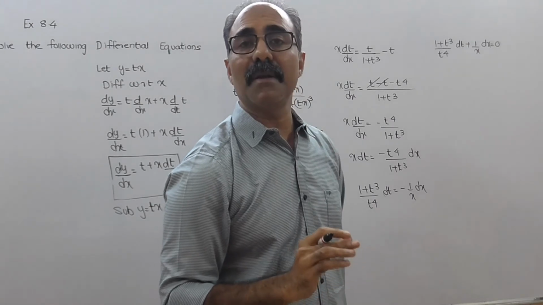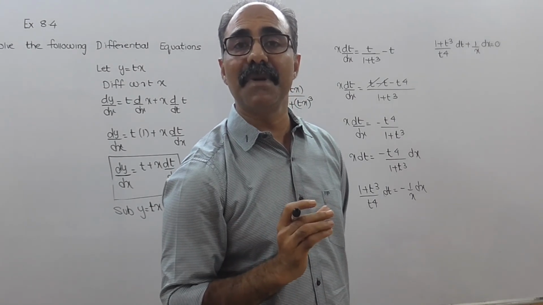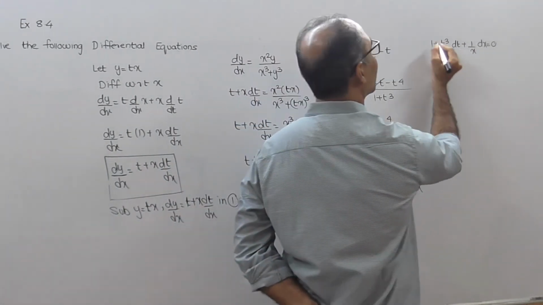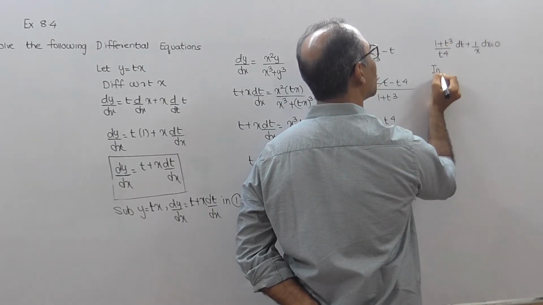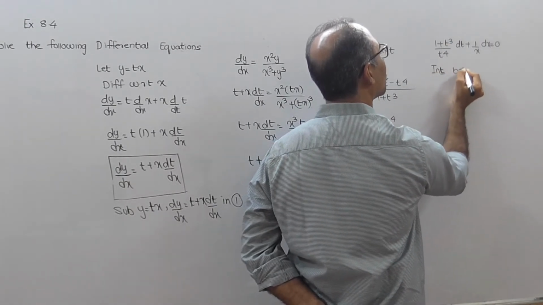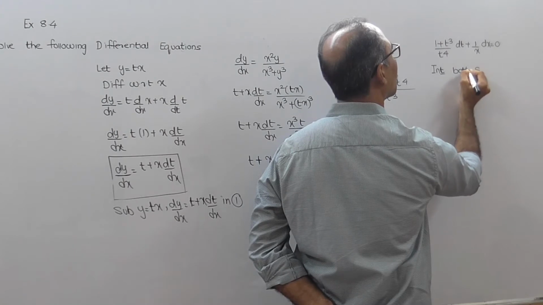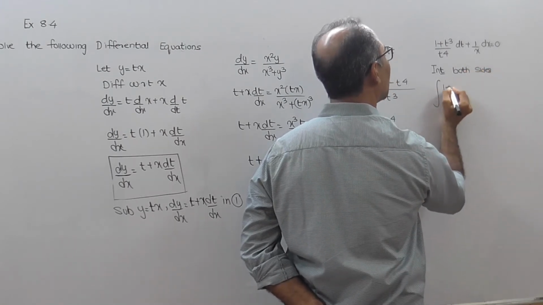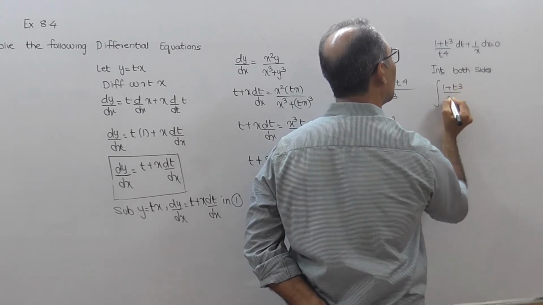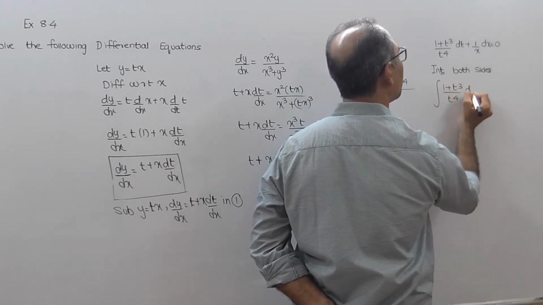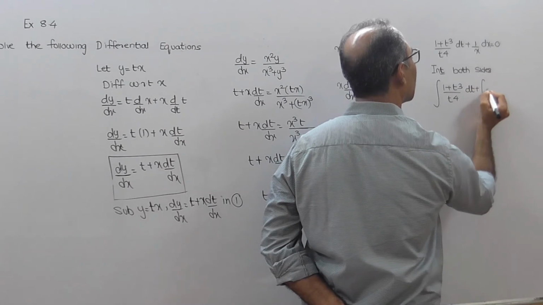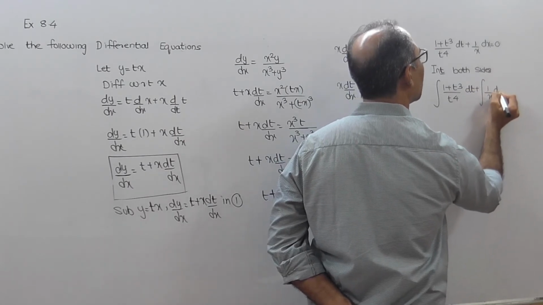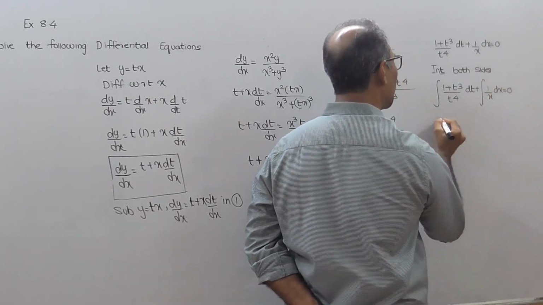Check whether you have grouped all t terms with dt. Yes. And x terms with dx. So the next step is integrate both sides. If you integrate both sides, you get integration of 1 plus t cube upon t raised to 4 dt plus integration 1 upon x dx equal to 0.